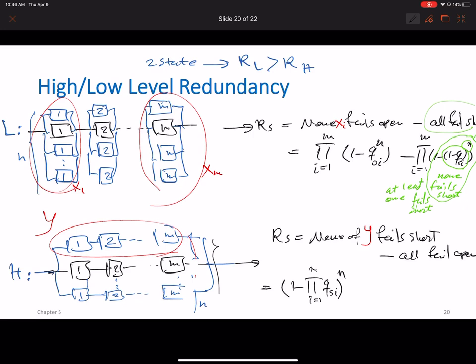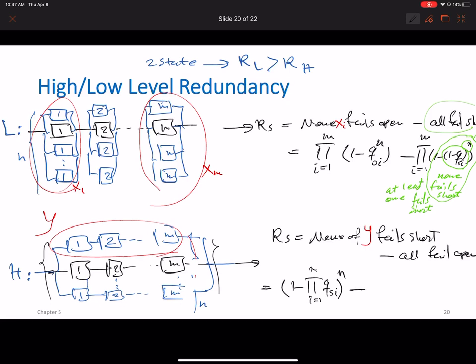Again, the product of QSIs means that all of them fail short. And 1 minus that is at least one fails short. That to the power of n because we have n of these in parallel.